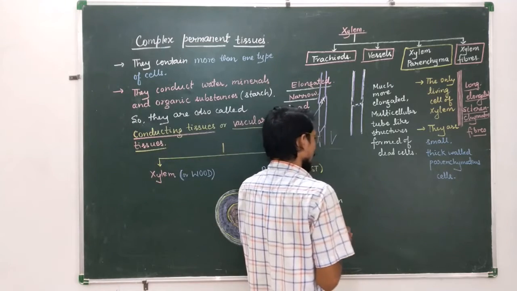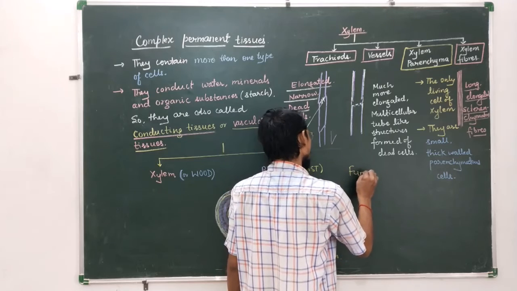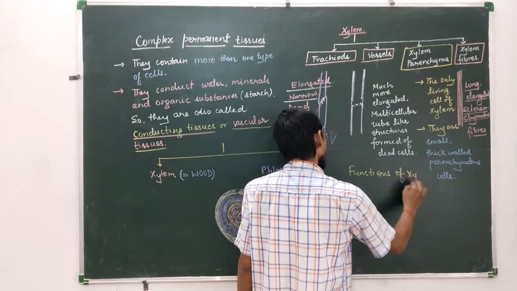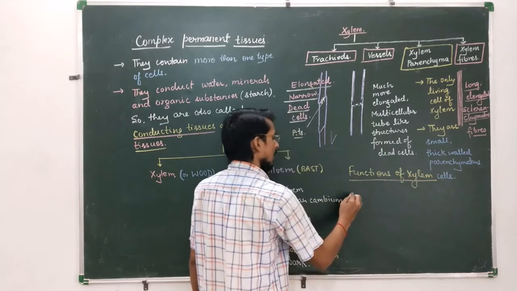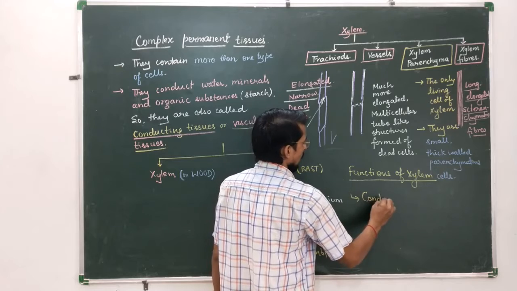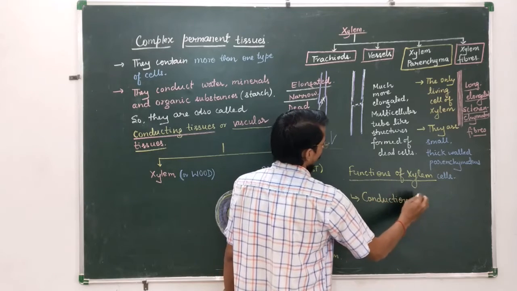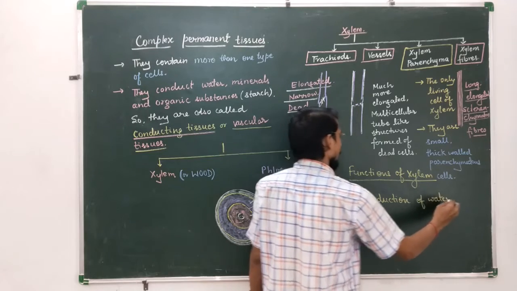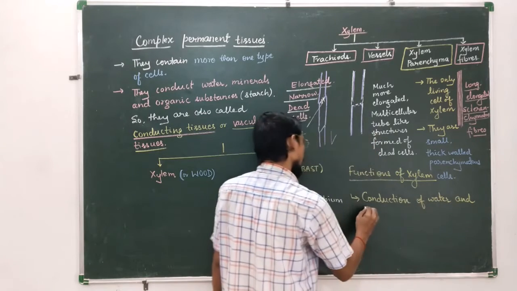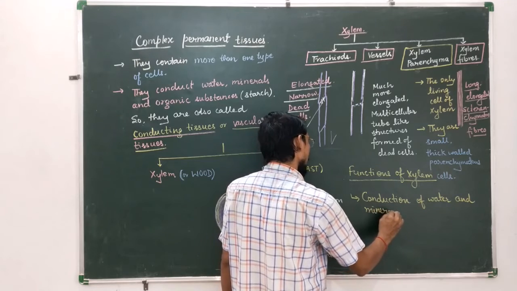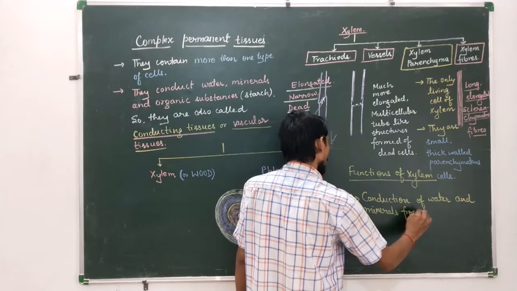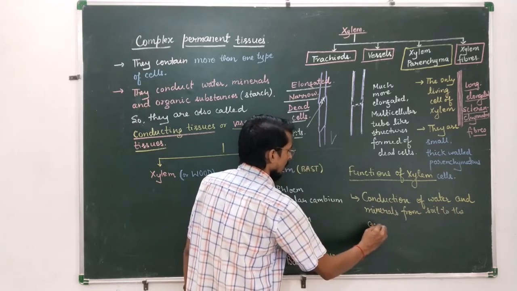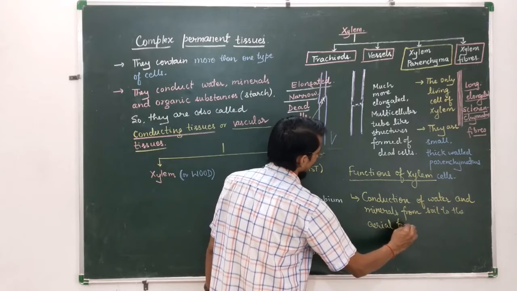So let me write the functions of xylem. Number 1, conduction of water and minerals from soil to the aerial part.